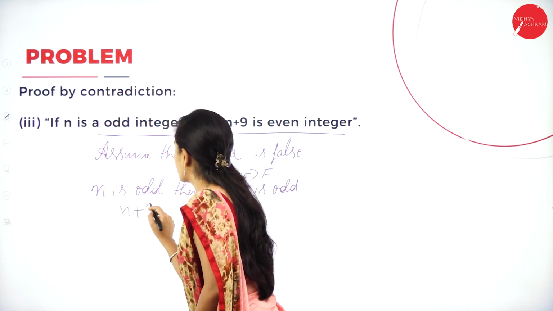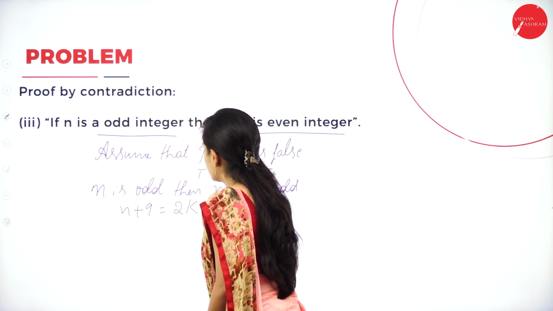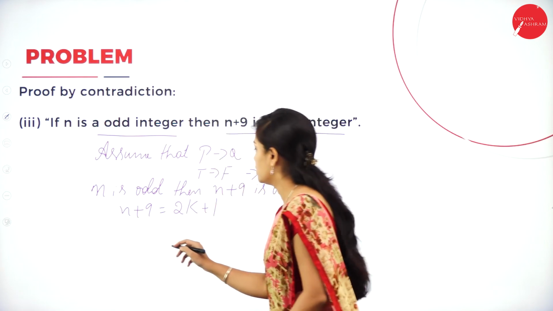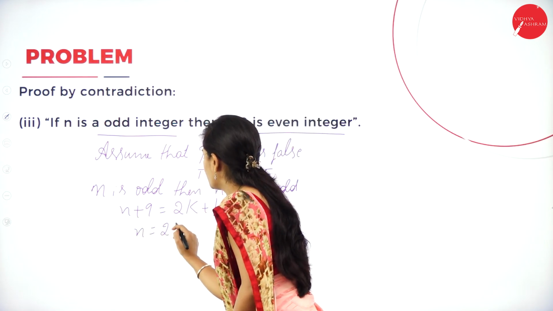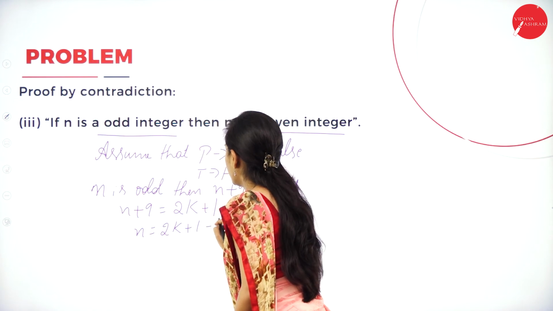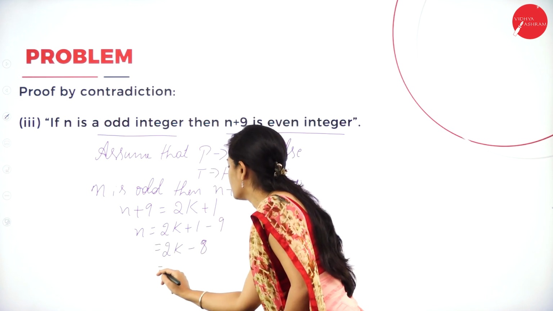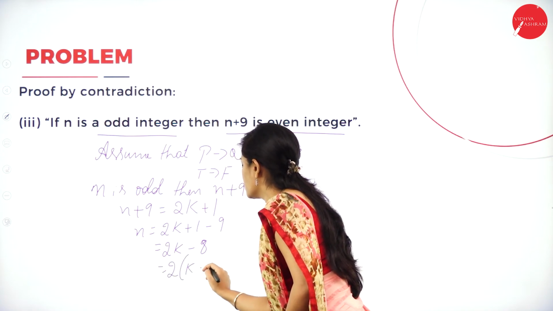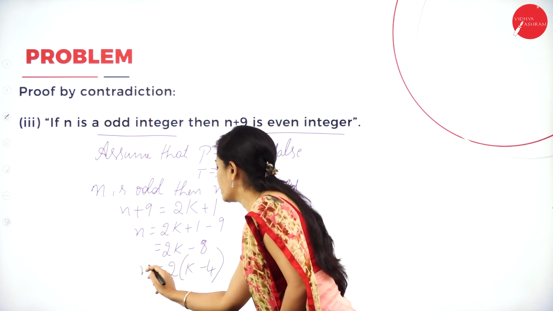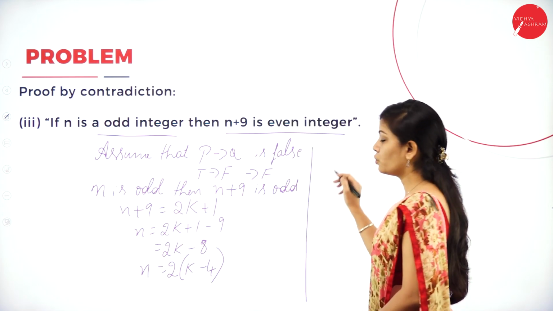Therefore n plus 9 equal to odd means I will take 2k plus 1. So n is equal to 2k plus 1 minus 9. So it is 2k minus 8. 2 is a common factor, so it is k minus 4. So n is equal to 2 into k minus 4.